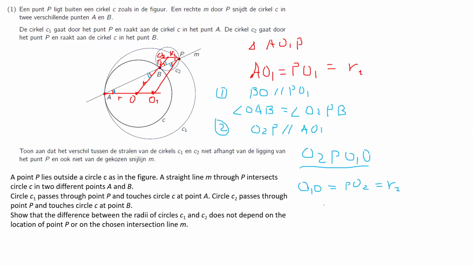And O1A is the radius of circle C1. And AO is the radius of the circle C. So from here, we know that R equals R1 minus R2, which is independent of the location of P or the direction of M. So that is the proof.